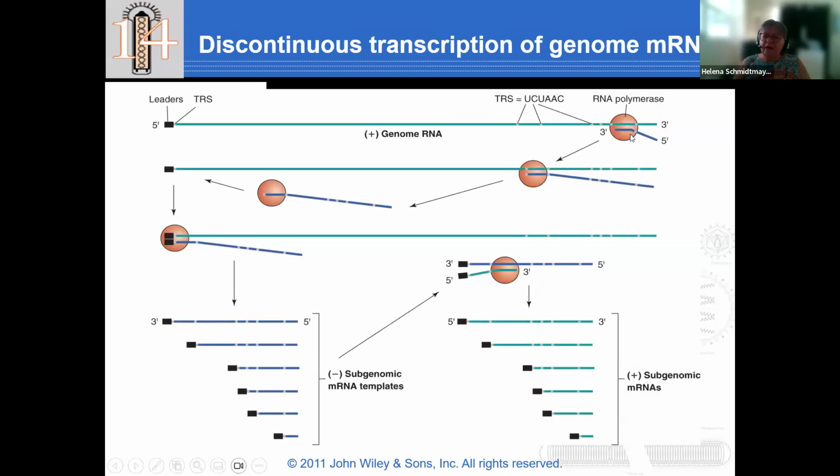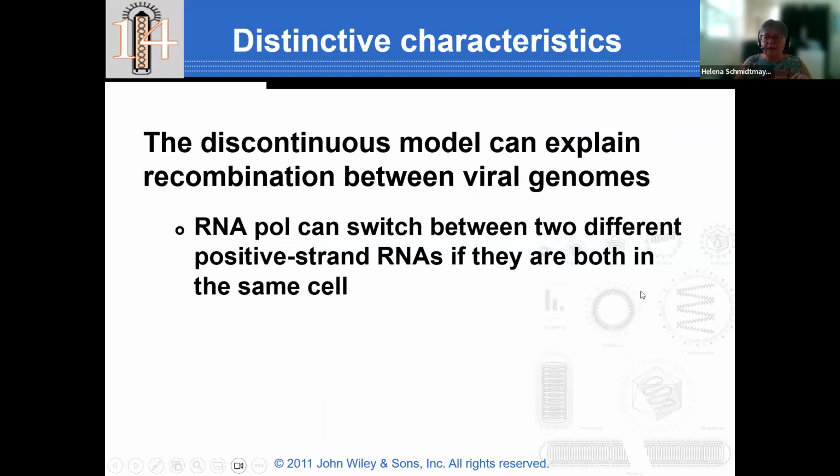Because when this minus RNA falls off and another synthesis is initiated, if there are two genomic RNAs, let's say two different coronaviruses infected the same host cell, that RNA polymerase can jump, can switch and use the secondary genomic RNA from a different virus as a template, which would create a genomic mix of minus subgenomic RNAs, and therefore a mix of plus subgenomic mRNA.